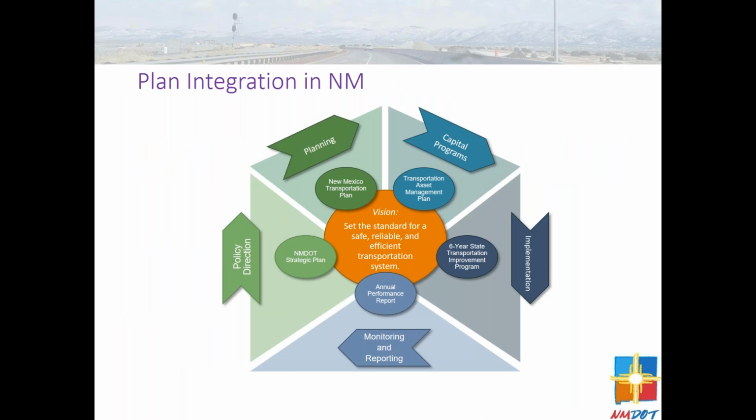And another thing we're talking about as well is really, as we have that direction with our strategic plan, and then we have all of our long-range plans with planning, how do they link up with our STIP and our asset management plan?